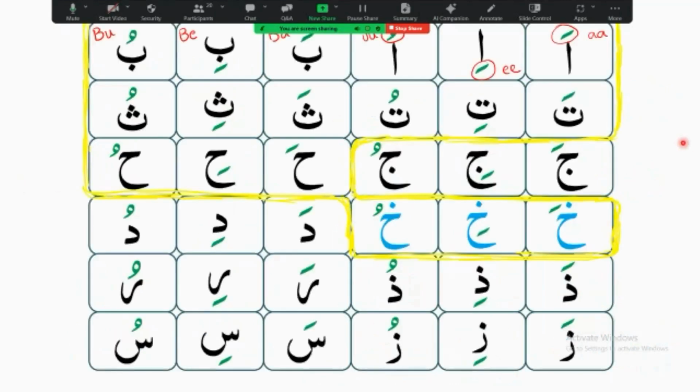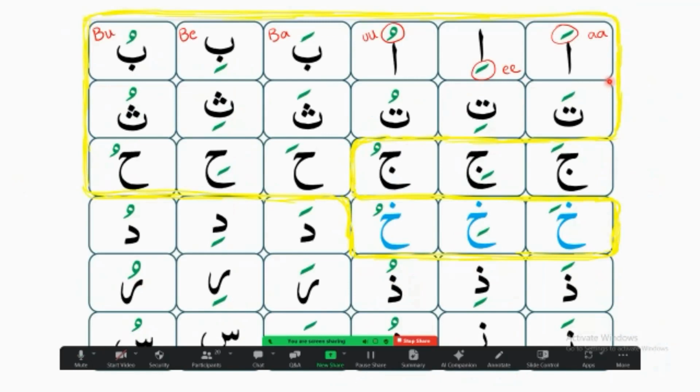Also, I have written like this here. We did not practice with the Fatha yesterday as well, right? We did the symbols of Fatha, kasra, and dhamma. And I told you that these are the symbols, like the slanting line symbol above or below any letter, or this curved line symbol above the letter. So these are called Fatha, kasra, and dhamma.